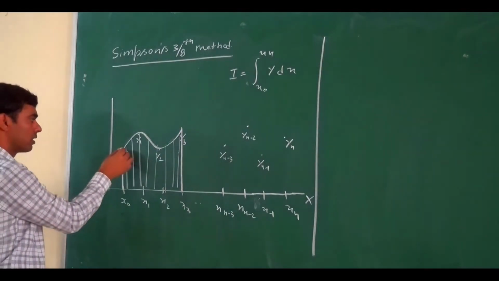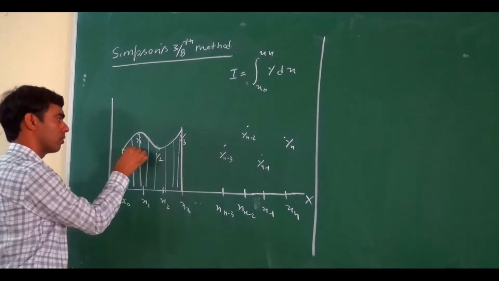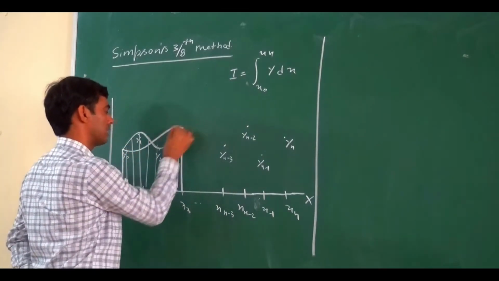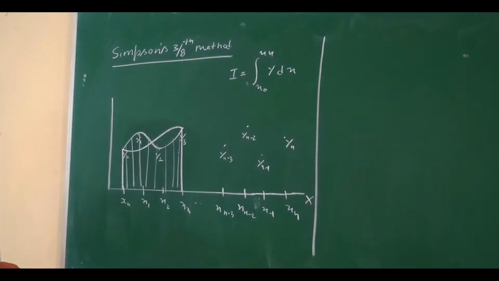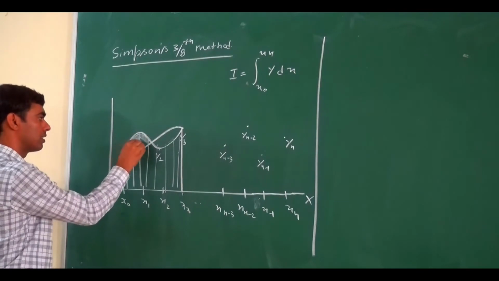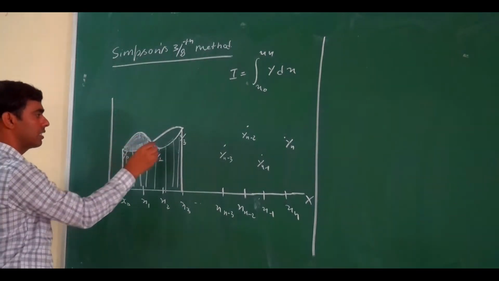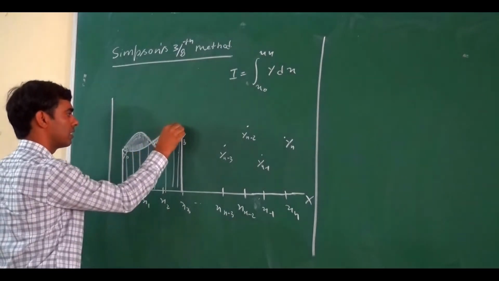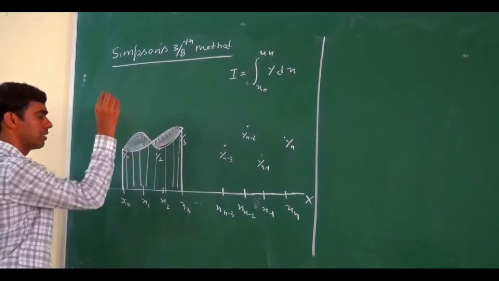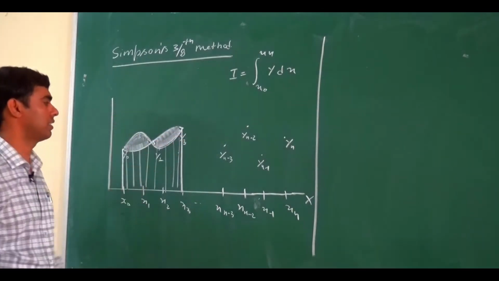Suppose the function is not a polynomial of degree 3, and the function is like this. Then this part generates the error, in the first step.